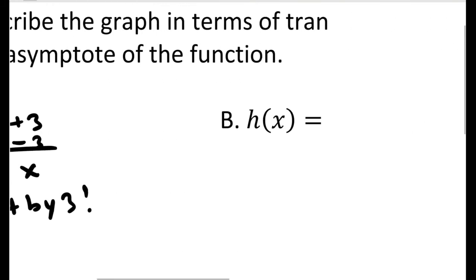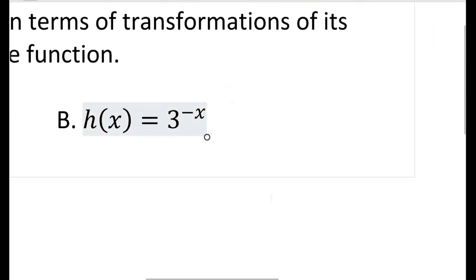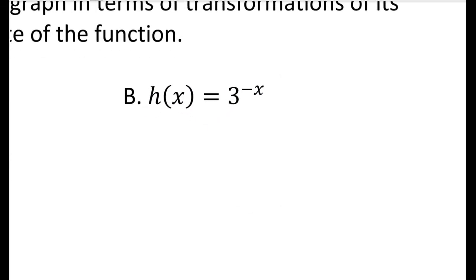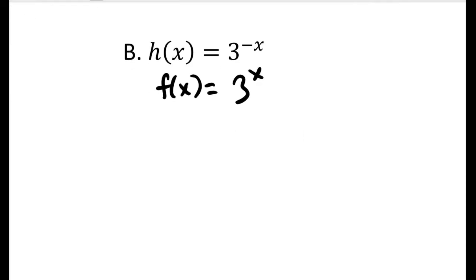All right, now we're going to do 3 to the negative x. So the parent function for this is f of x equals 3 to the x. So now that we've got the parent function, what does the negative do? Well, the negative is in front of the x, right?